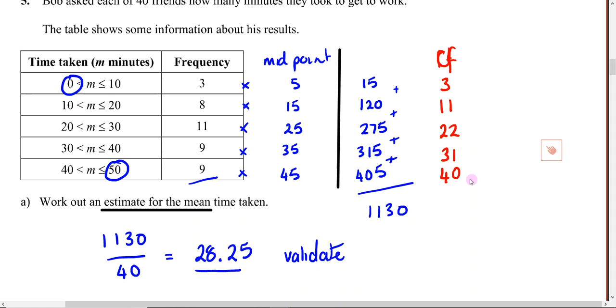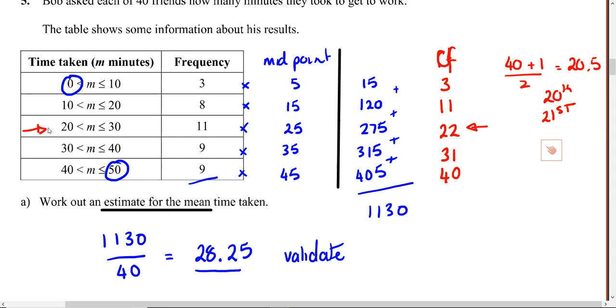So the median of 40 things: we do 40 plus 1 divided by 2, which gives me 20.5. So I need to find the 20th and the 21st numbers, which just happen to be in this group here.